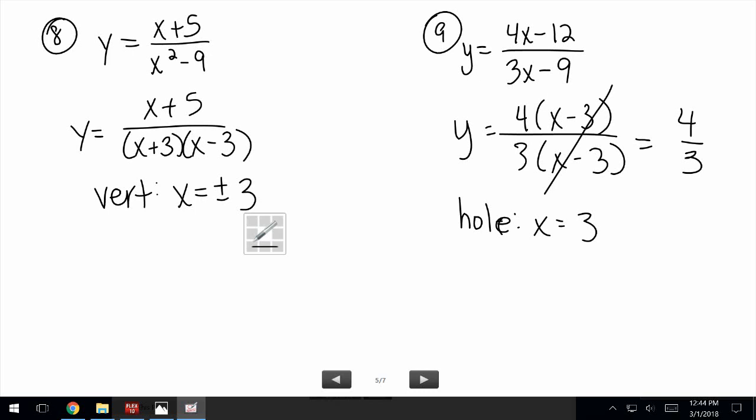No. So there's no way you can have a vertical asymptote. The vertical asymptote has to be where that denominator equals 0. 3 is never going to become 0 because it doesn't have an x with it. So we will never have a vertical asymptote.